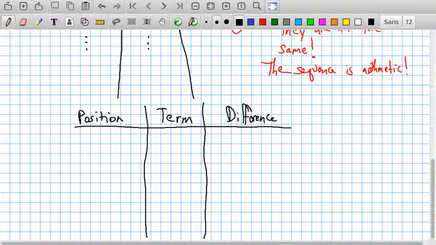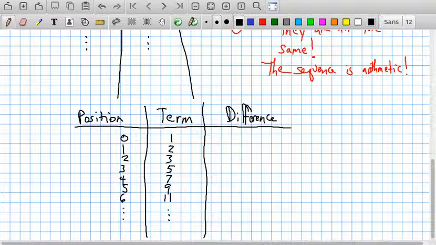So let's look at this sequence. The sequence is 1, 2, 3, 5, 7, 9, 11, and it keeps going.